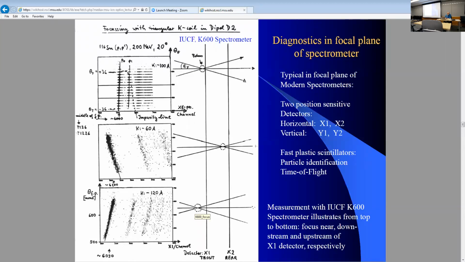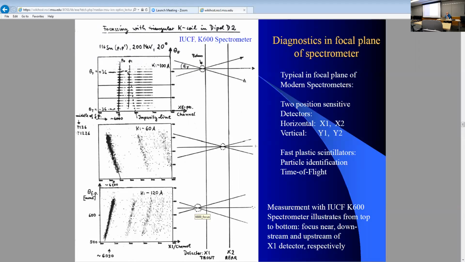But you could also shift the detector, so it's a kinematic shift. Here it is forced by a K-coil in the K600 spectrometer. We'll show that a little bit later.